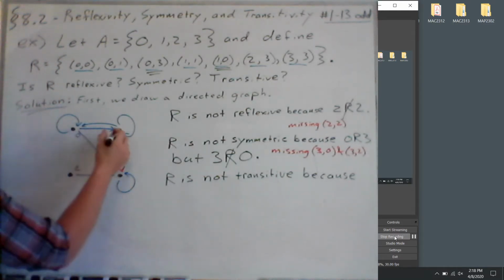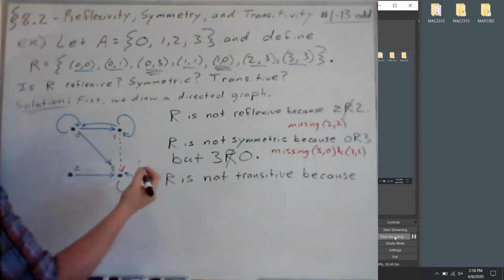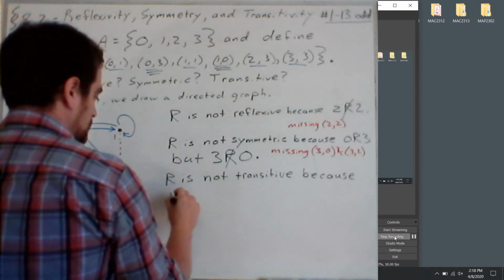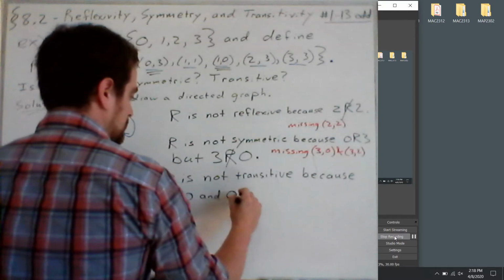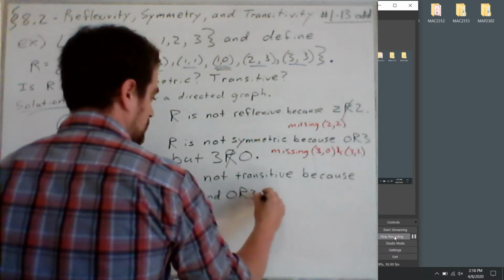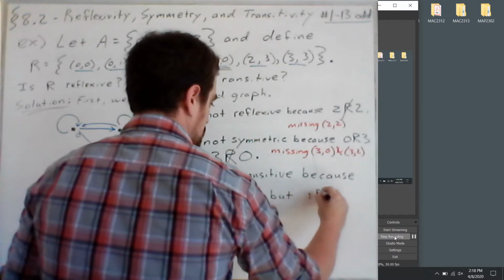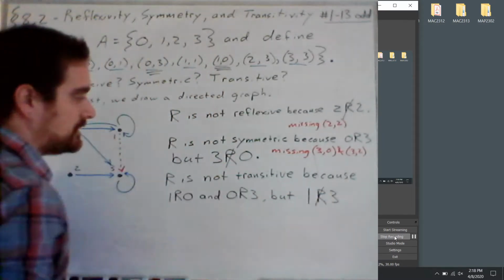So it's not transitive because 1 relates to 0 and 0 relates to 3, but we don't have the direct 1 to 3. So we have 1R0, and we have 0R3, but 1 does not relate to 3. So I lose that transitivity.